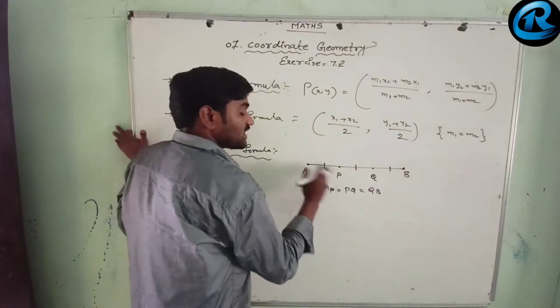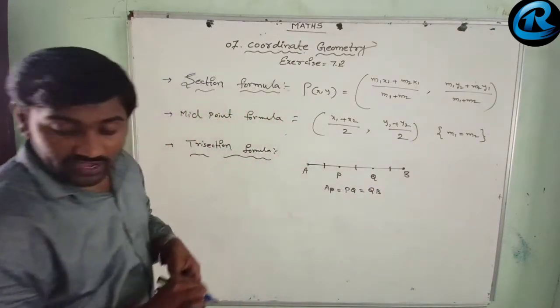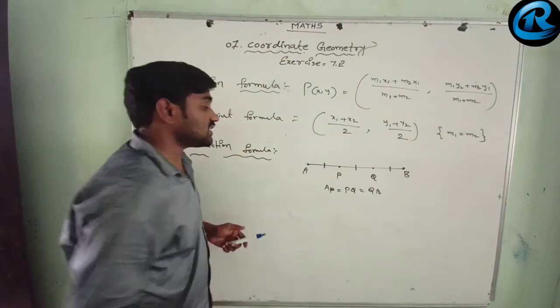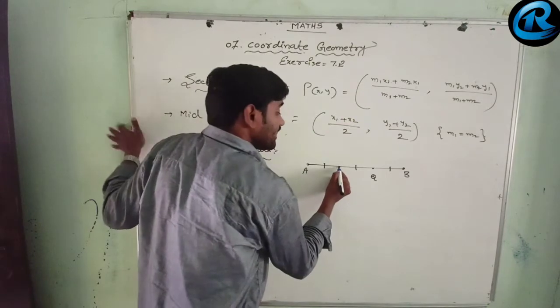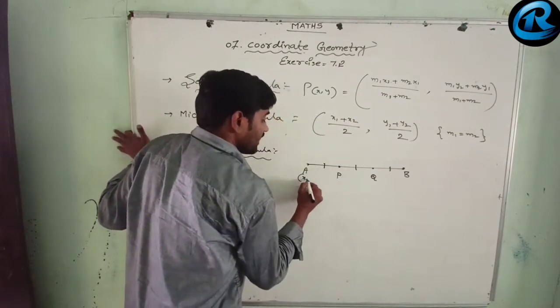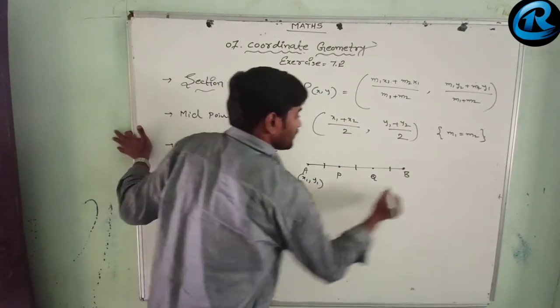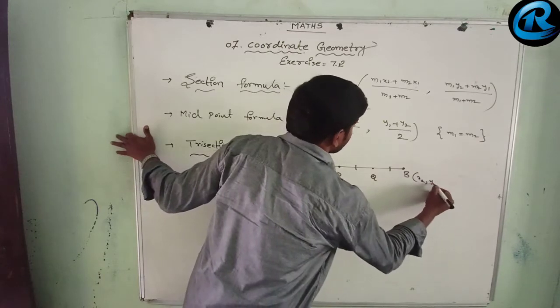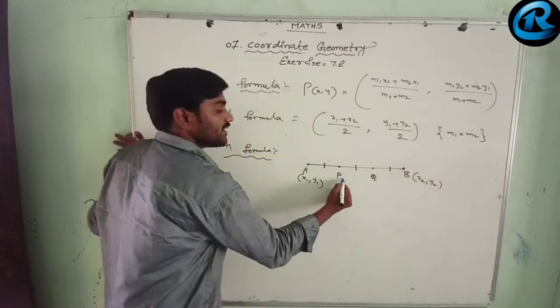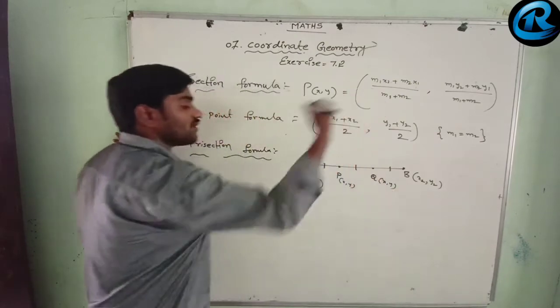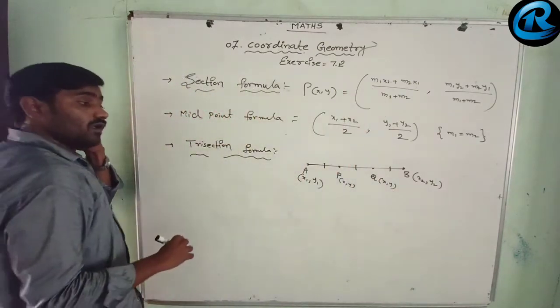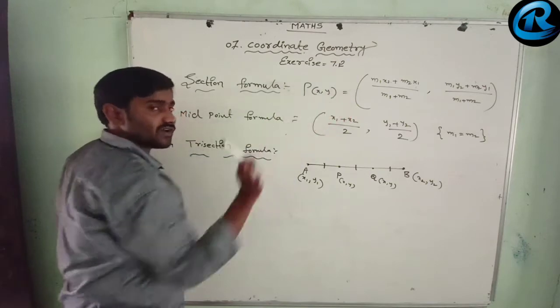Here A is (x1, y1), B is (x2, y2), and we have to find the x, y values of P and of Q. For this also we use the section formula only.